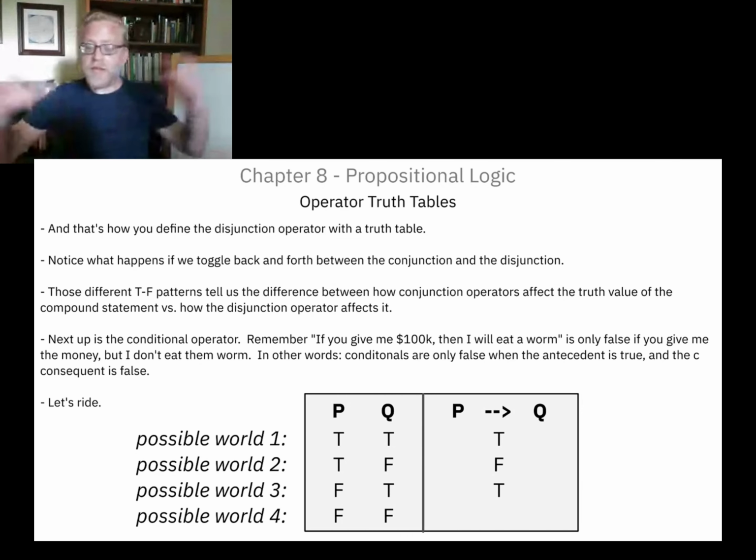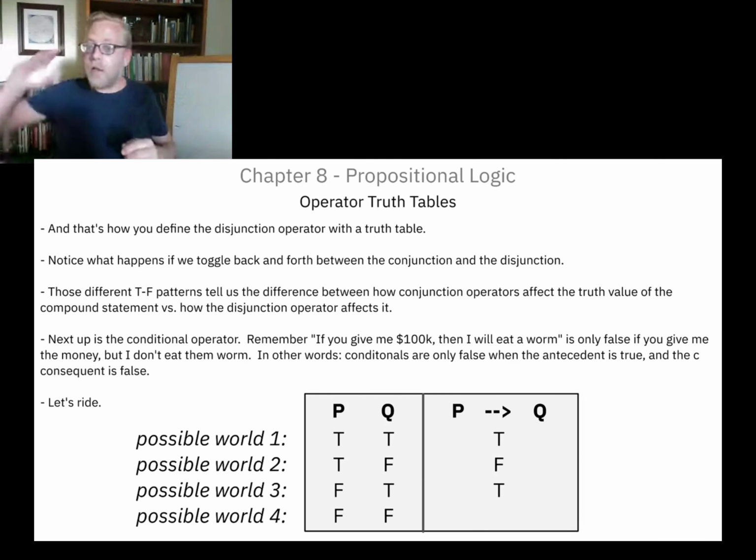In World 3, again, there's no rule being broken. The rule just says, hey, if there's a P, there better be a Q. If P is true, Q has to be true. World 3 does not violate that rule. It's a scenario where, this is possible, even if it's true that I will eat a worm for $1 million, that could be true. And yet at the same time, maybe I just want to eat a worm for fun.